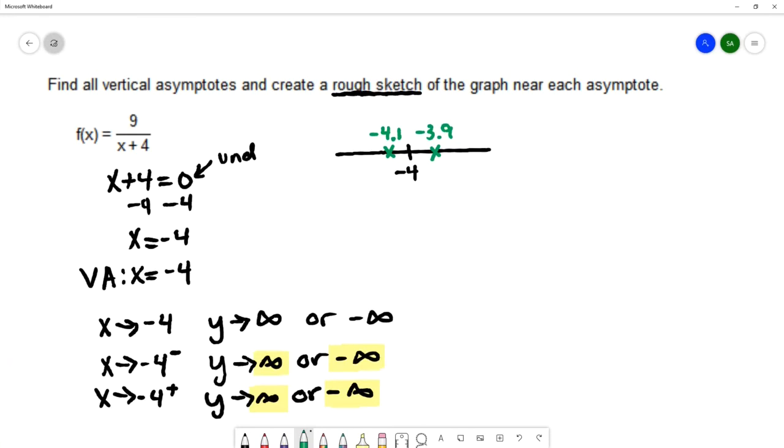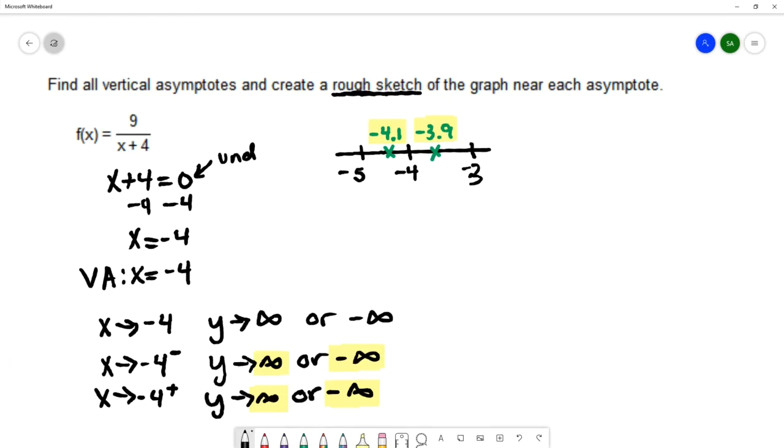This can be a little bit confusing because negatives go the opposite way of positive numbers on the number line. So it might be helpful to label the next numbers around it. The next number counting this way would be negative 5, and the next number going this way would be negative 3, and that can help make sure that you're picking the right numbers for being below and above.